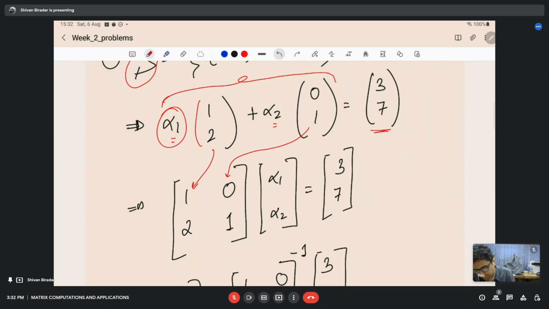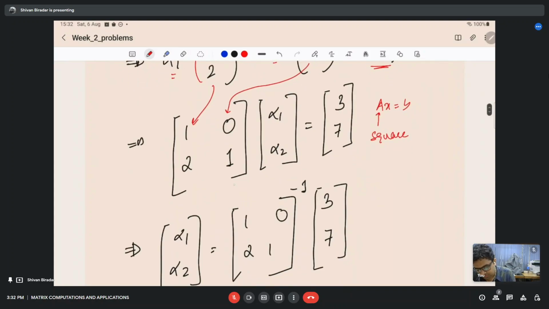Now I see that I get a form Ax equal to B, where A is a square matrix and rank of A is equal to 2, which means that this is a full rank matrix.